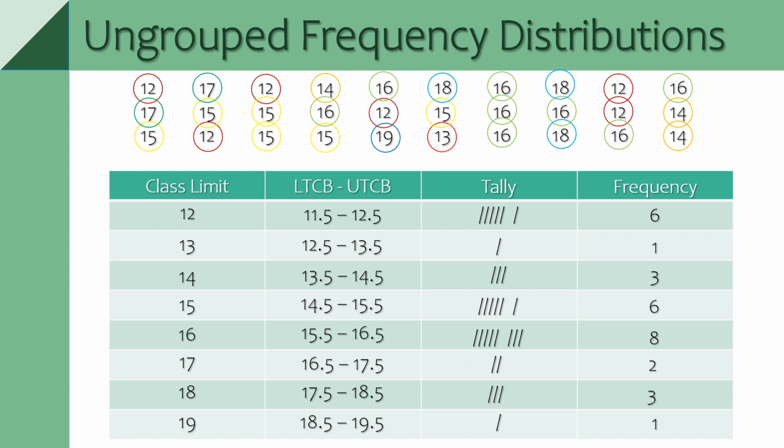Okay, so again, to check if we already have a complete tally or frequency, i-add natin yan. 6 plus 1 is 7, plus 3 is 10, plus 6 is 16, plus 8 is 24. Okay, 24 plus 2, 26. Okay, 26 plus 3, 29 plus 1, we have 30. Complete natin yung 30. Okay, 30 SUVs.